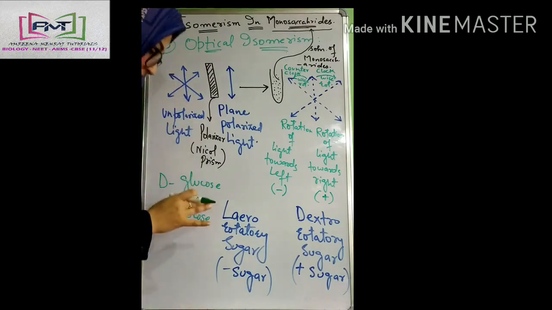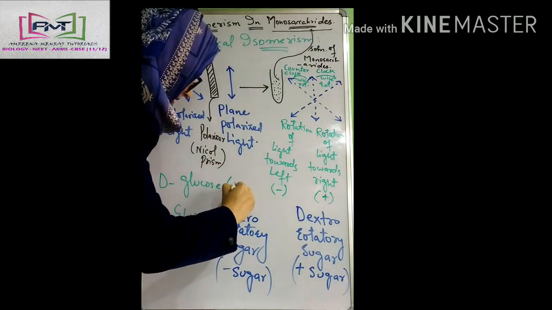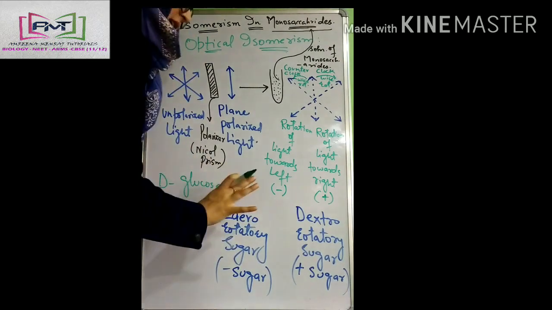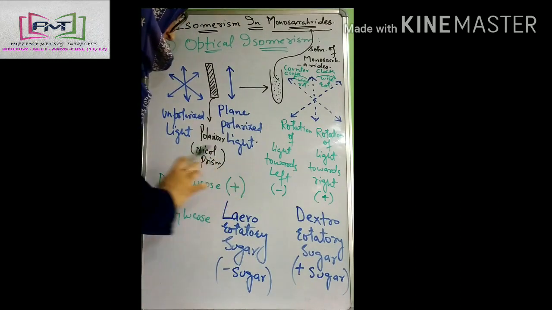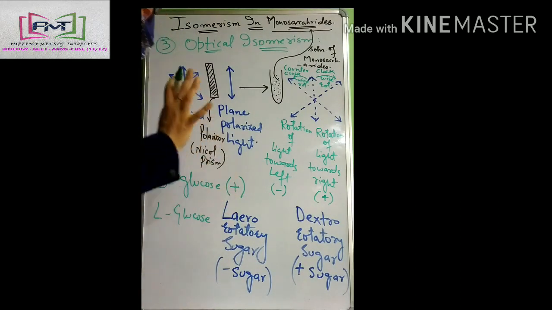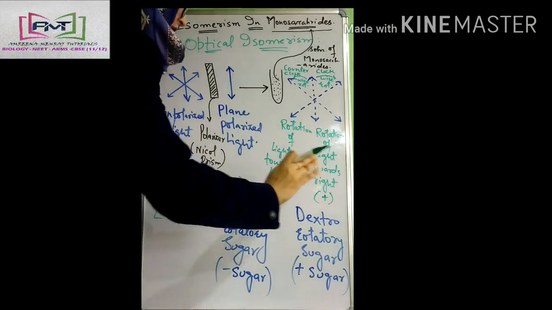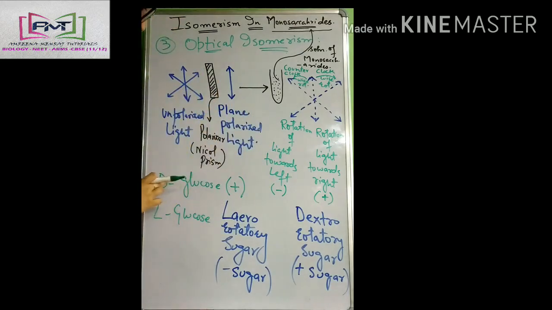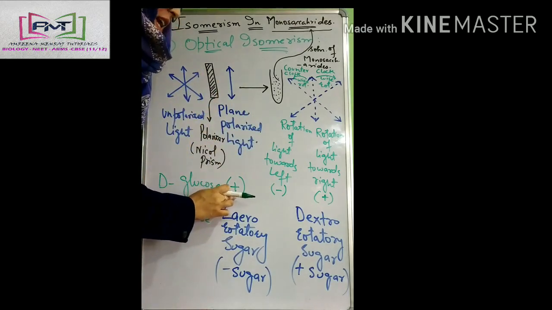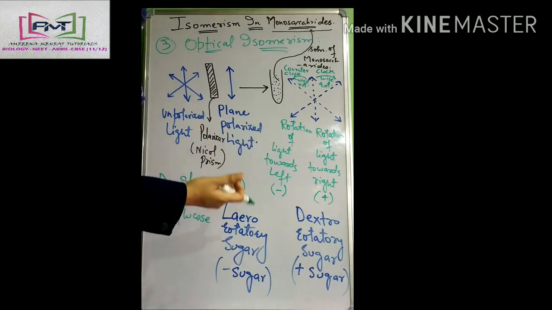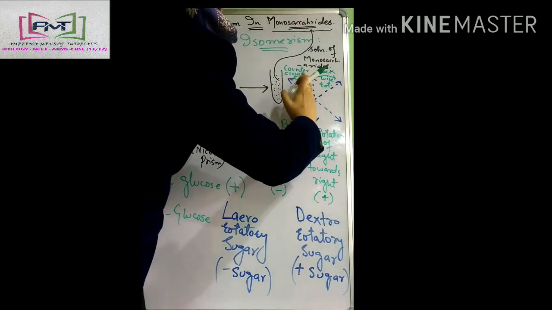D-glucose is always plus. Means you will always find in your books, in your references, D-glucose along with a plus. Plus indicates that D-glucose, in which your OH group is towards right on carbon number 5, is always dextrorotatory. If it's dextrorotatory, that means it rotates light towards right.